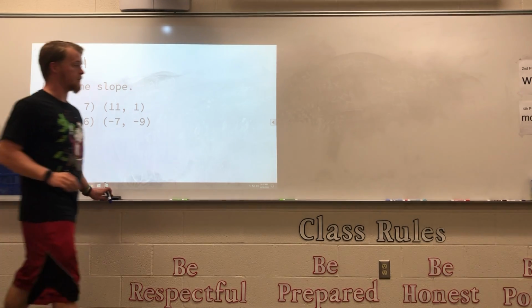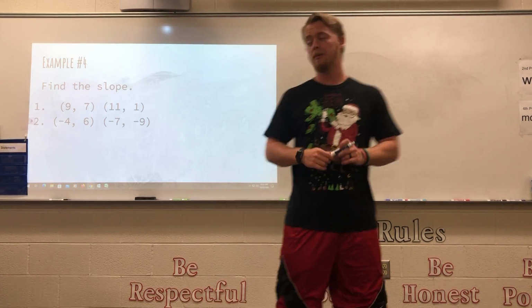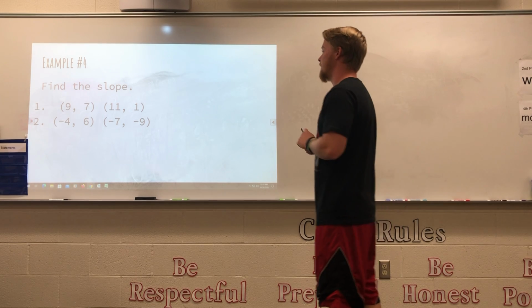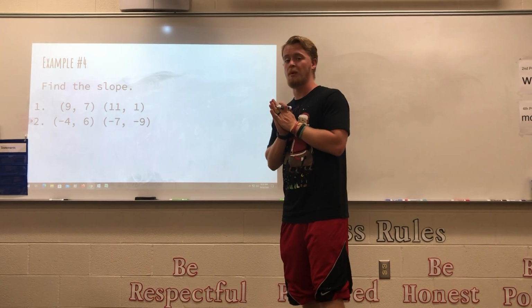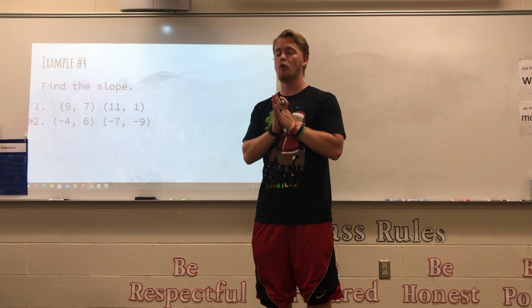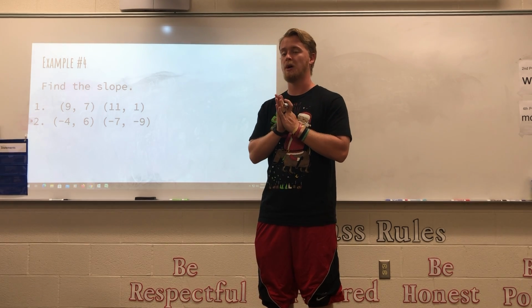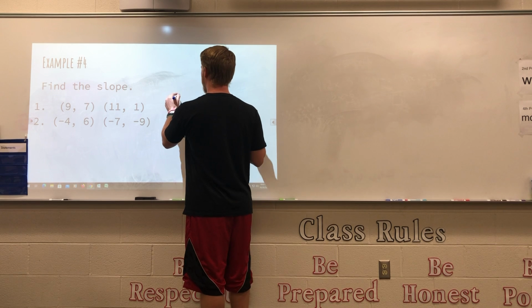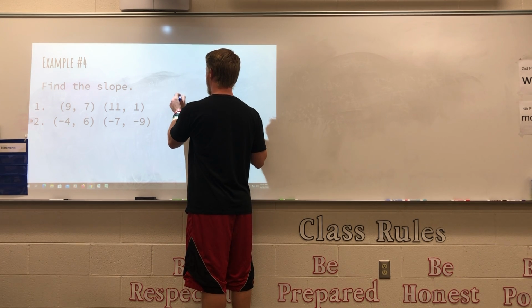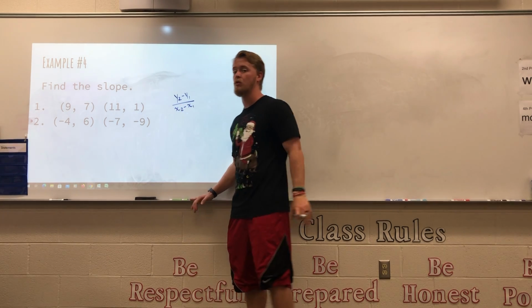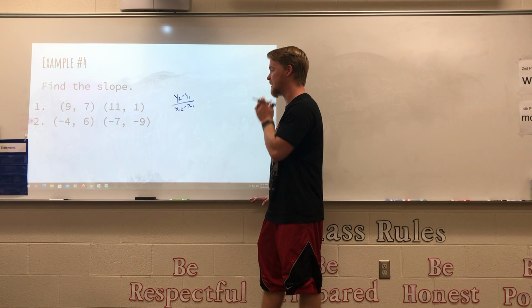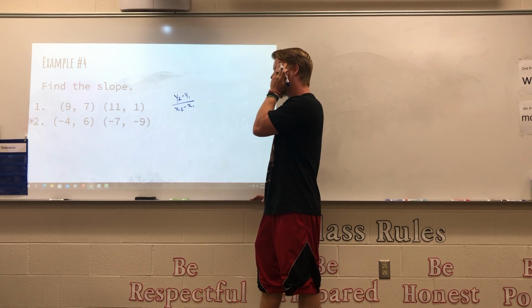So next thing we talked about is slope. We have to be able to find slope when we're given 2 points. So remember the important formula that I told you you have to memorize. For slope, that is y2 minus y1 over x2 minus x1. Again, that is not given to you. You have to know that formula.